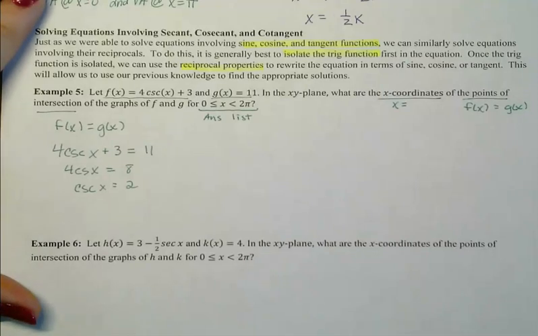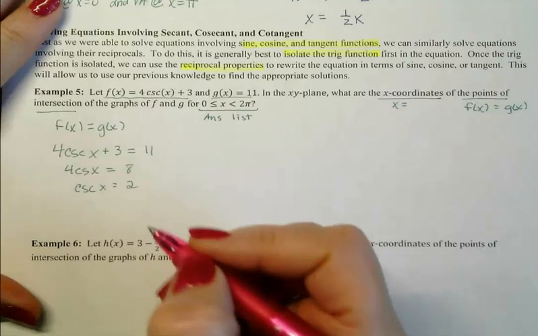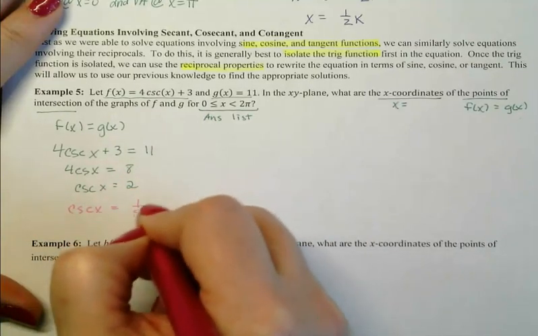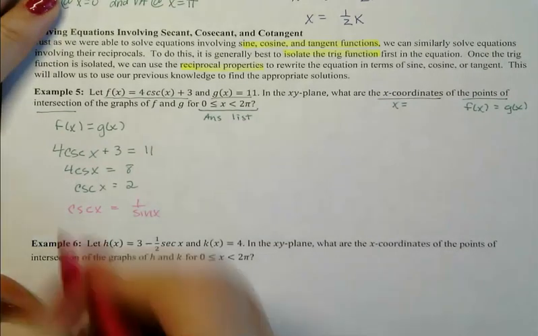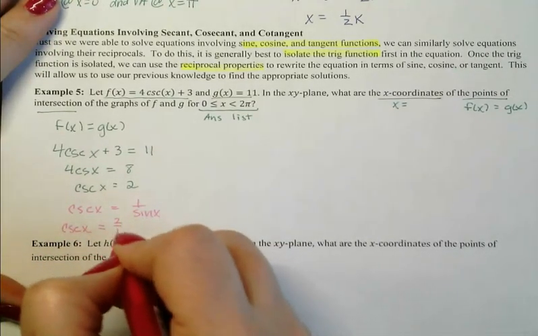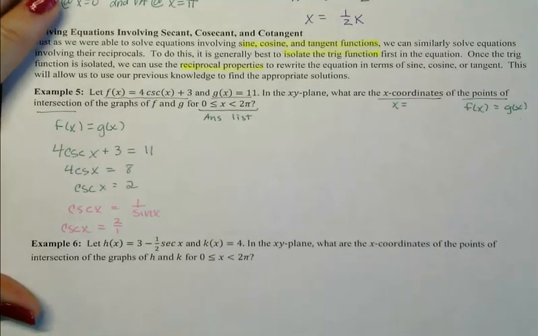Okay, so now that we have that isolated, let's think what this means. Remember that we're using cosecant of x is 1 over sine x. All right, so what does that mean? That means cosecant of x, let's make it a fraction, 2 over 1. And what can we do with fractions when we want to do the reciprocal?